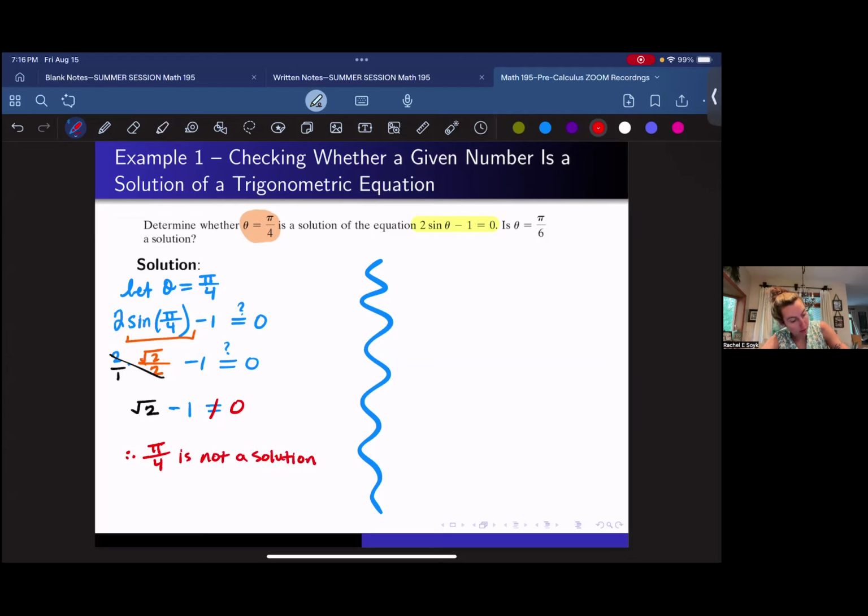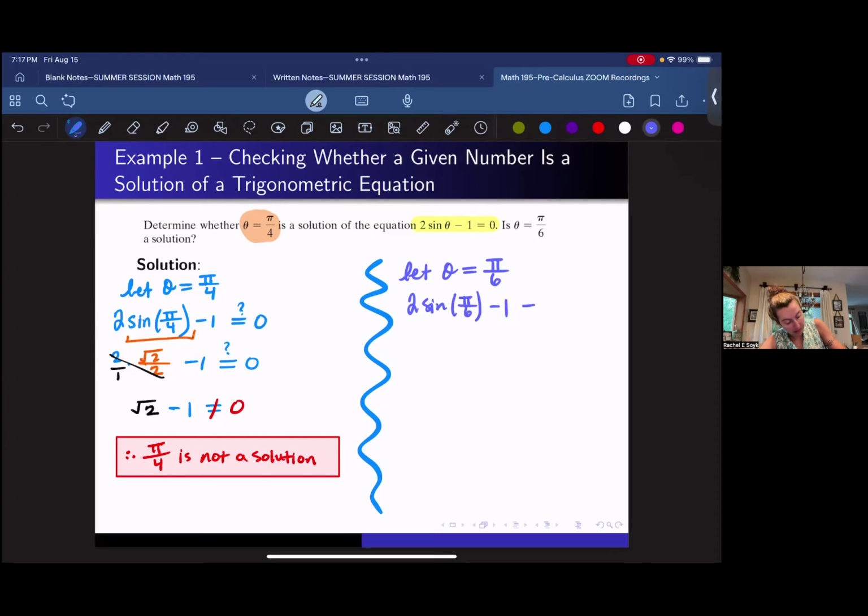Now, the second part of this example is asking us, is pi over 6 a solution? So we're going to tackle the same steps. It's just that now our theta is no longer pi over 4, it's pi over 6. 2 sine pi over 6 minus 1, is this equal to 0?